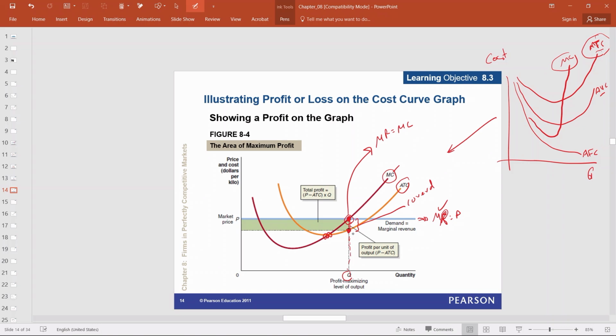So this is the area showing the profit. Price here is greater than average total cost. In this case, this company is making profit.